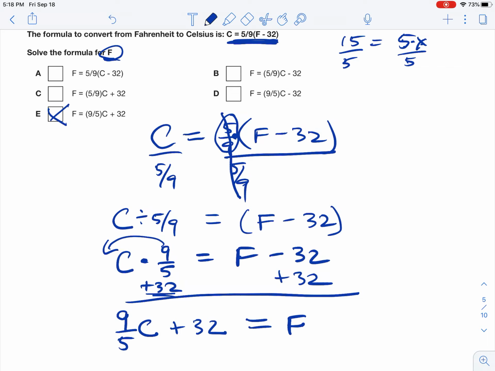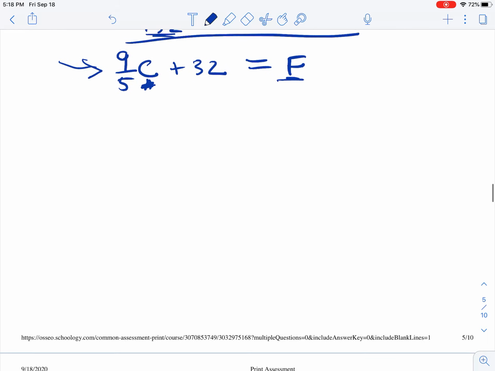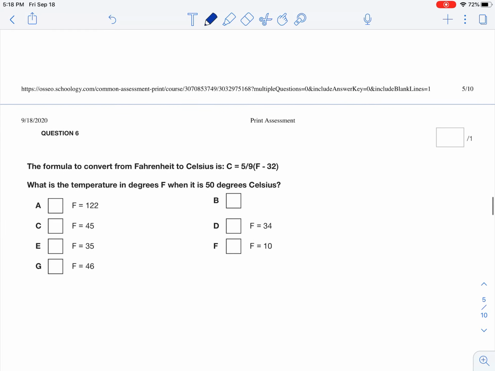And there really isn't anything that you can eliminate that's obvious. You really have to work it out to find out that, yes, that's the way to convert degrees Celsius, plug it in here, and get the temp in degrees Fahrenheit.